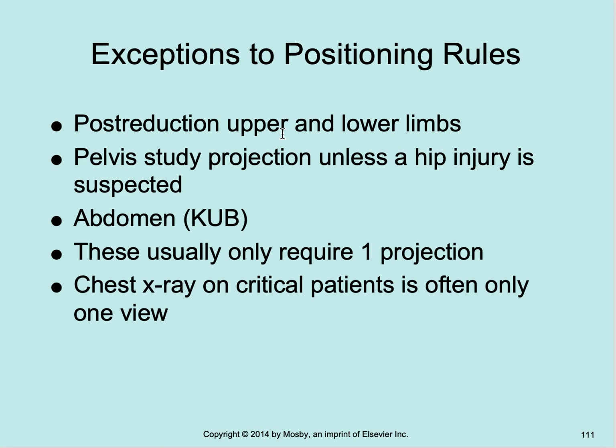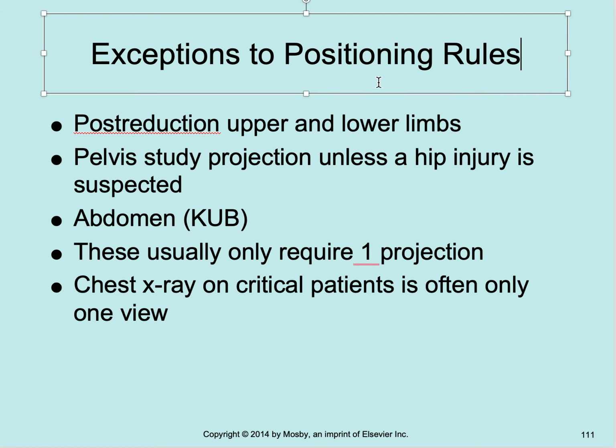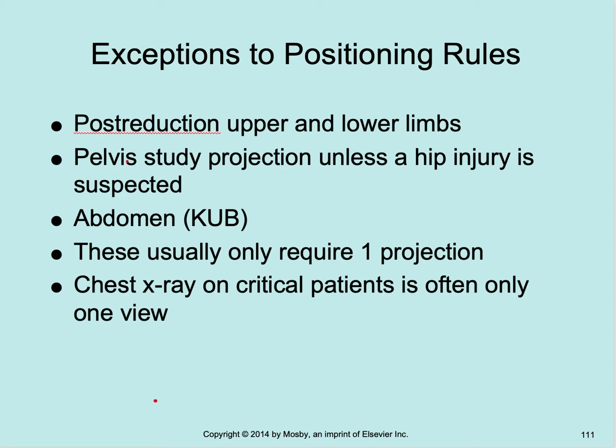So exceptions to the rules, post-reduction. Upper and lower limbs, post-reduction, possibly 2 images, depending on what the upper limb is. Pelvis study projection. A pelvis is a single image unless a hip injury is suspected, and then you're going to do pelvis and hip.